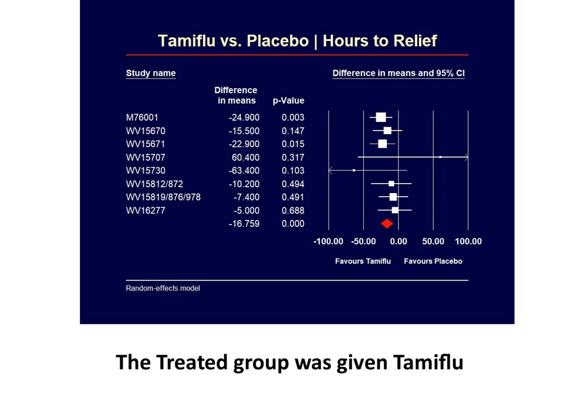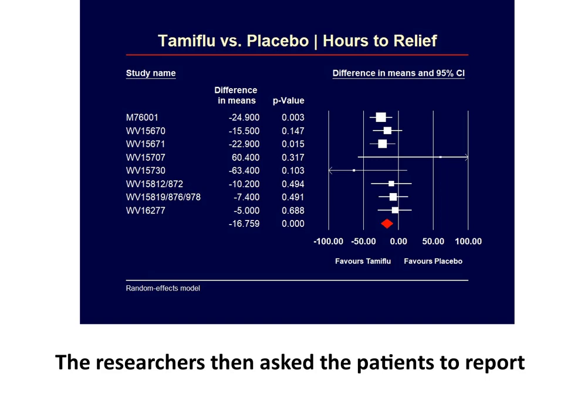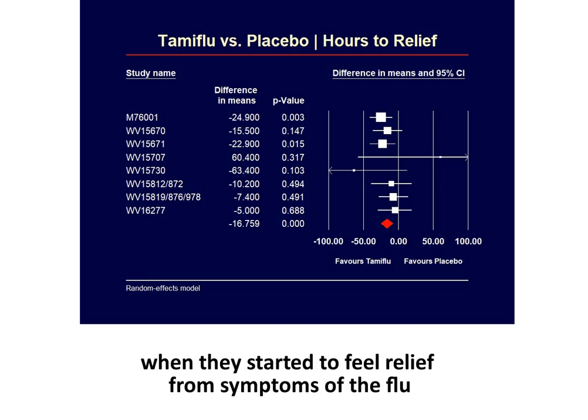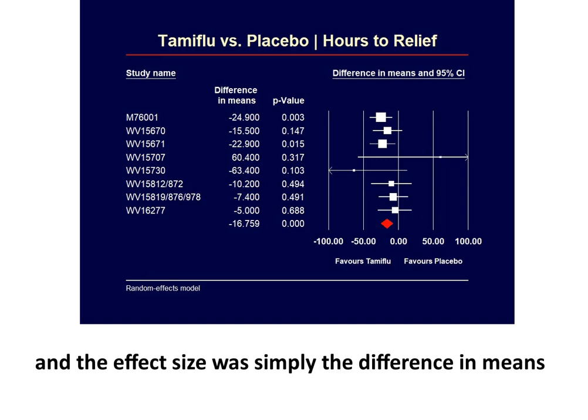The treated group was given Tamiflu, and the control group was given a placebo. The researchers then asked the patients to report when they started to feel relief from symptoms of the flu. The researchers computed the mean time to relief in both groups, and the effect size was simply the difference in means.